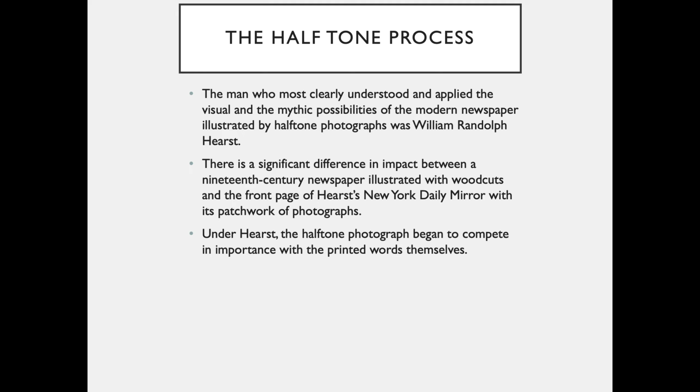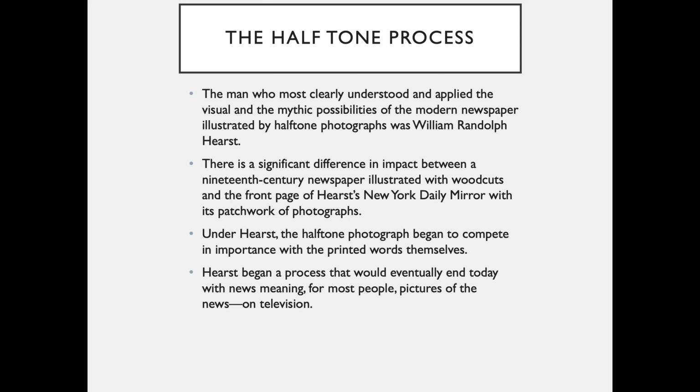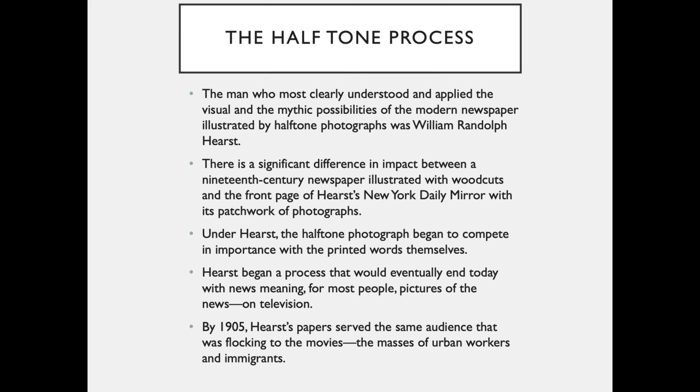Under Hearst, the halftone photograph began to compete in importance with the printed words themselves. Hearst began a process that would eventually end today with new meaning for most pictures of the news on television. By 1905, Hearst papers served the same audience that was flocking to the movies, the mass of urban workers and immigrants.